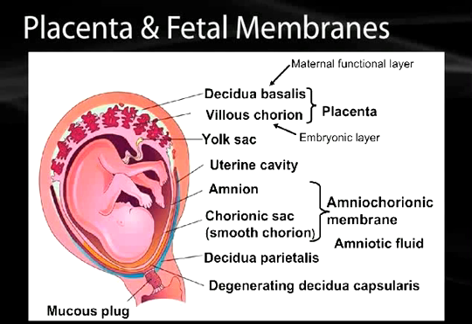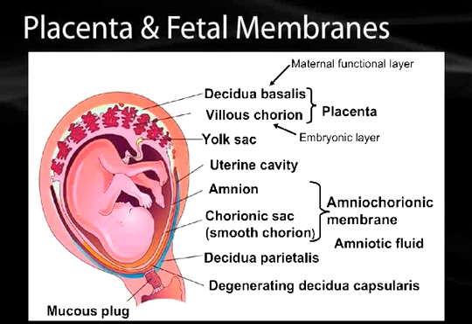This at one time was covered by villi, but as it grew and pushed into the uterine cavity, those villi get flattened out and stop growing because they have nothing to anchor to, and they get no input from the decidua basalis, so they smooth out. These two layers together form the amniochorionic membrane that we oftentimes just call the amniotic sac.